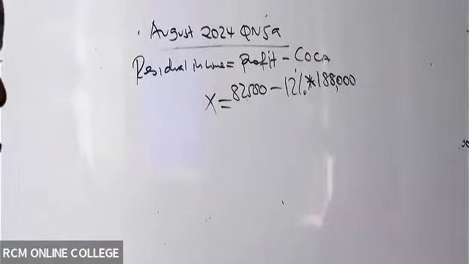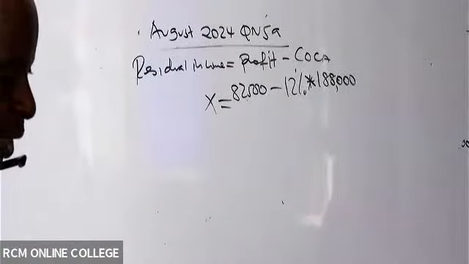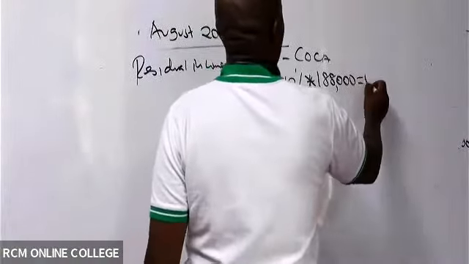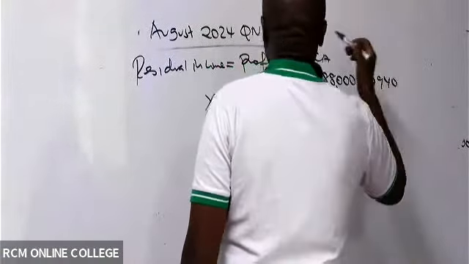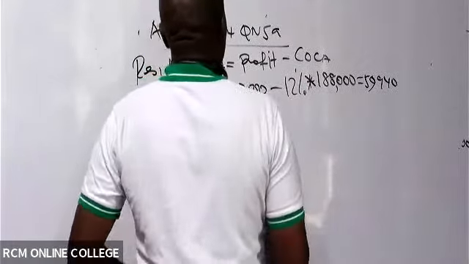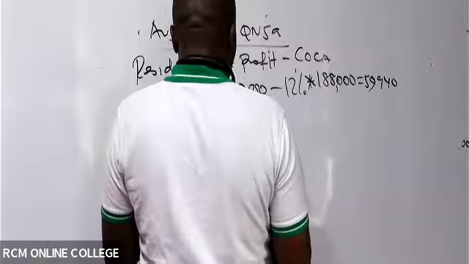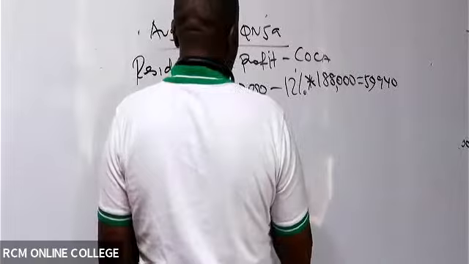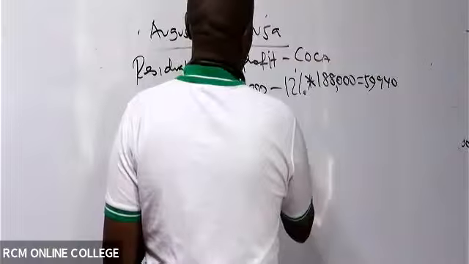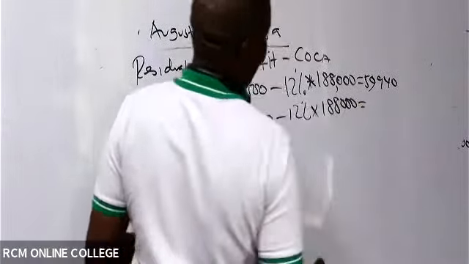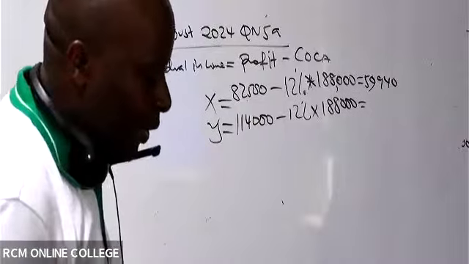So X, I'm being told by Shayla, is 59,940. And then Y, I can see the operating profit for Y, which is the same as operating income, is 114,000 minus 12% of 188,000. Are you able to give me the one for Y? 91,440.